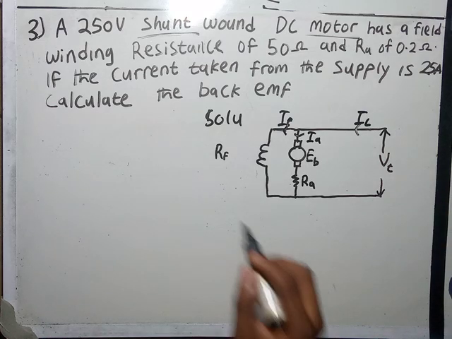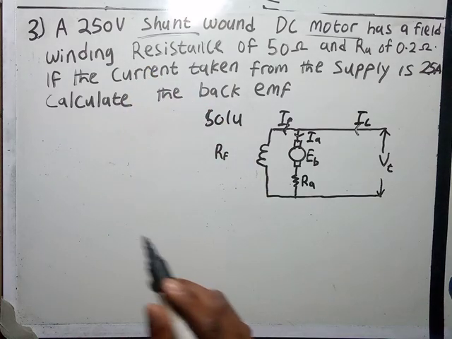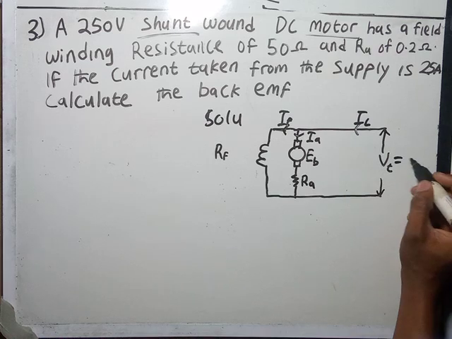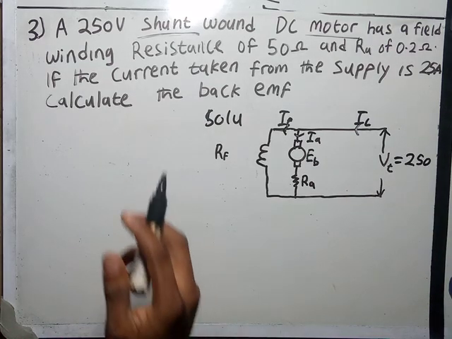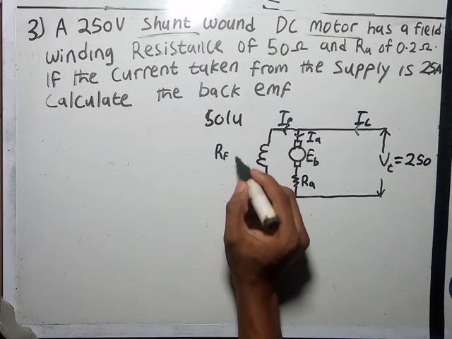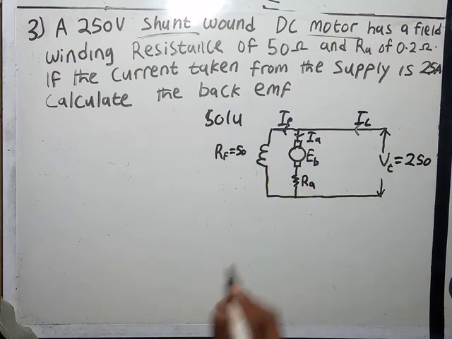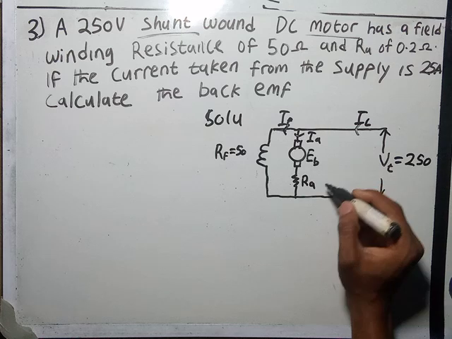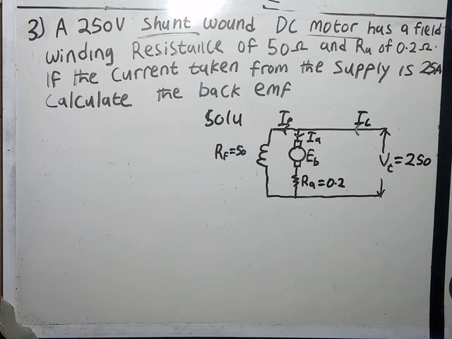Now, they said 250 volts, so we are expecting our terminal voltage to be 250. It has a field winding resistance of 50 ohms, and an armature resistance of 0.2 ohms.